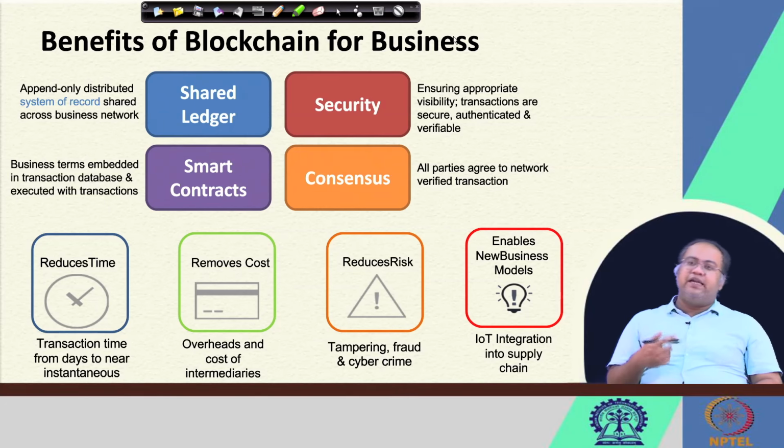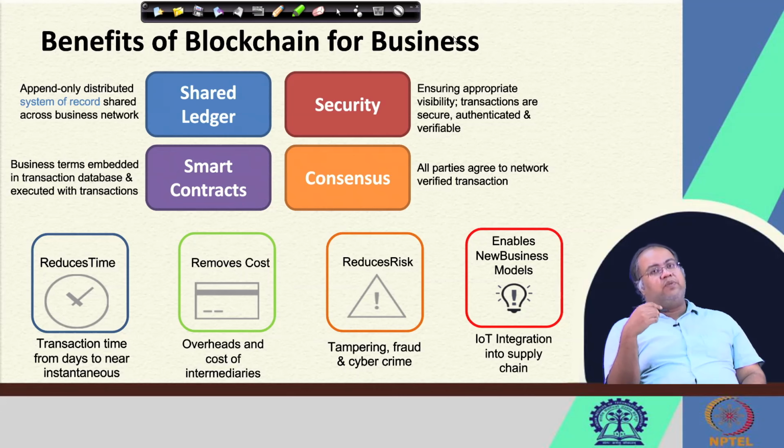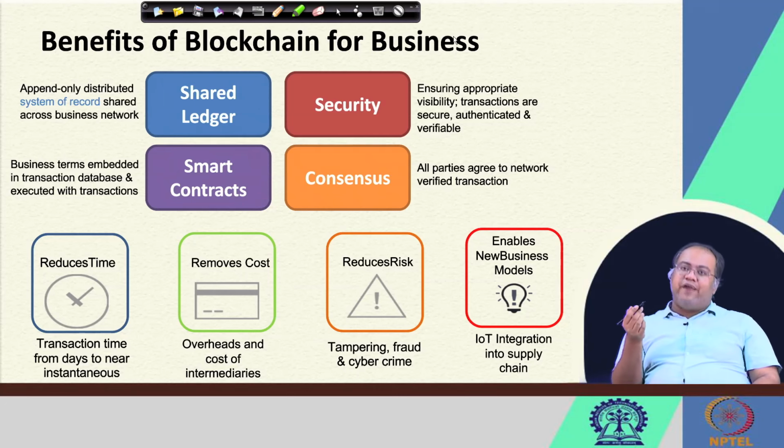So, that way every transaction happening in a blockchain based system, anyone can verify it, and the way we are executing the transactions remains anonymous, but at the same time the person who is going to claim that transaction can claim it in a secure way. So, that is the kind of power which is provided by the blockchain.